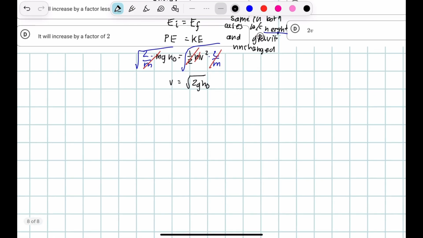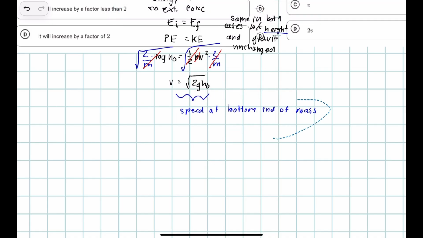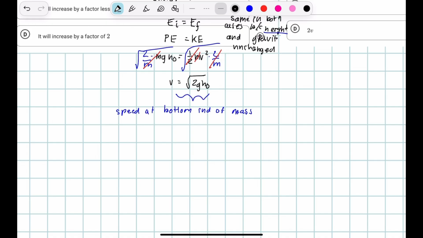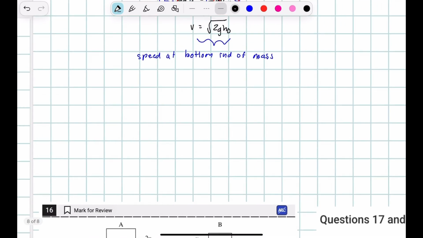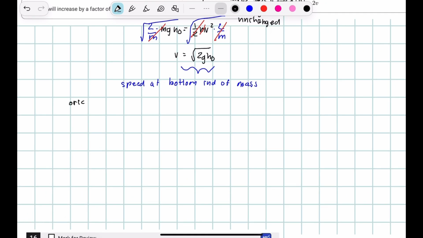What we can see from this formula is that the speed at the bottom is independent of mass. We don't see m in the equation, so it's not accounted for when computing this value v. So now we can look at the original collision in case 1.